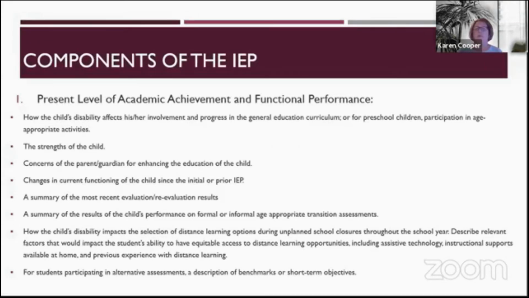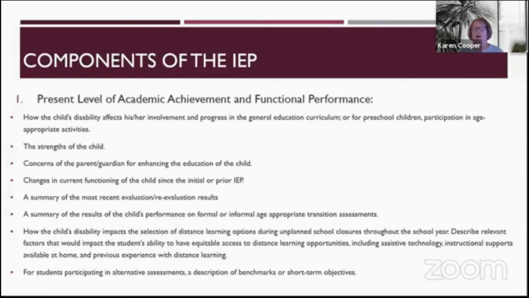So I'm going to go over each one of these bullet points. The first one is how the child's disability affects his or her involvement and progress in the general education curriculum, or for preschool children, participation in age-appropriate activities.